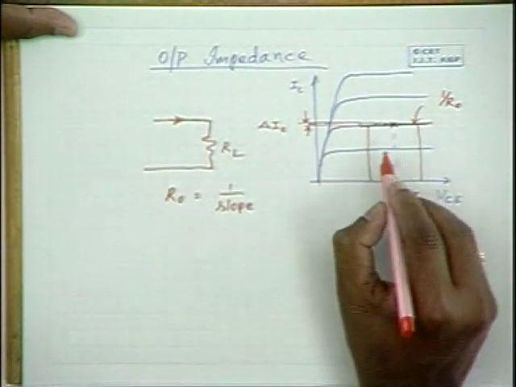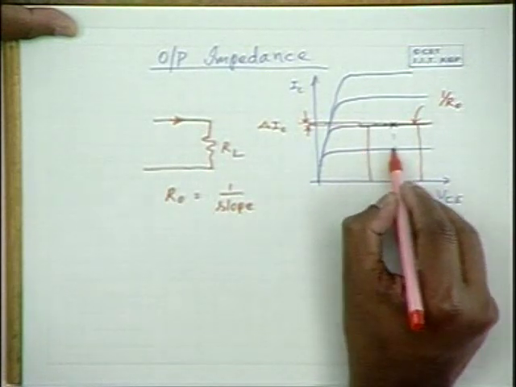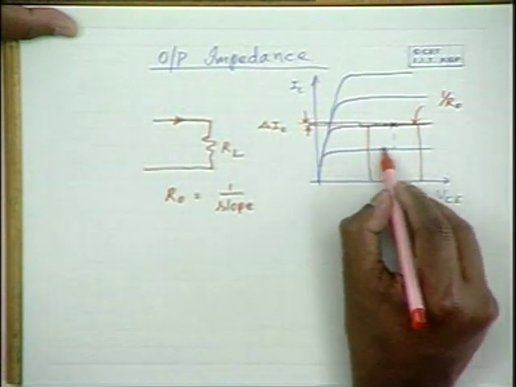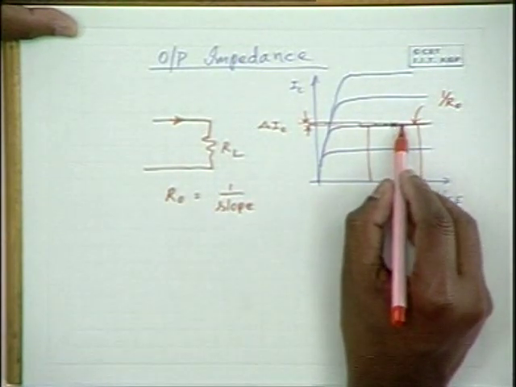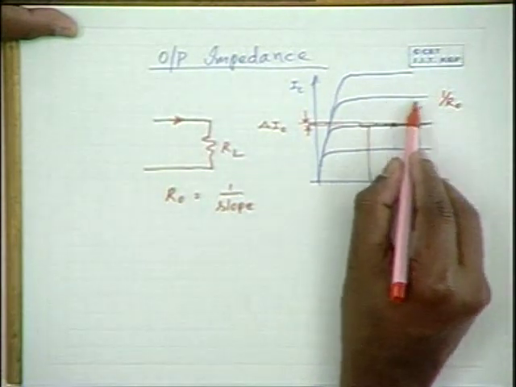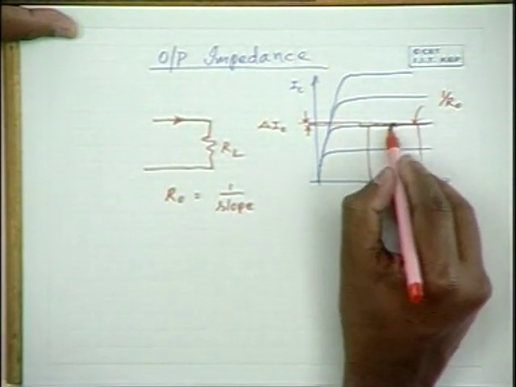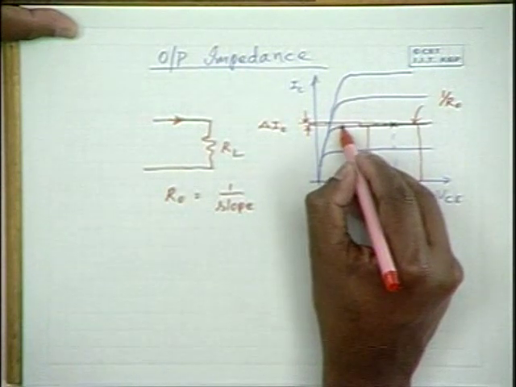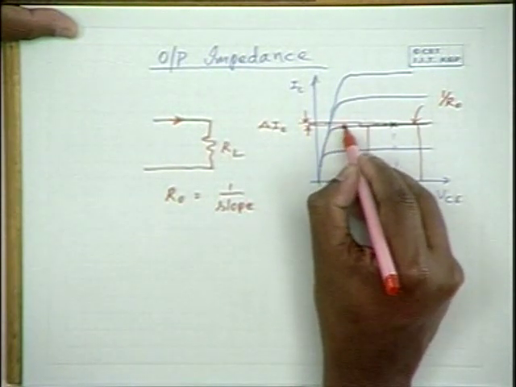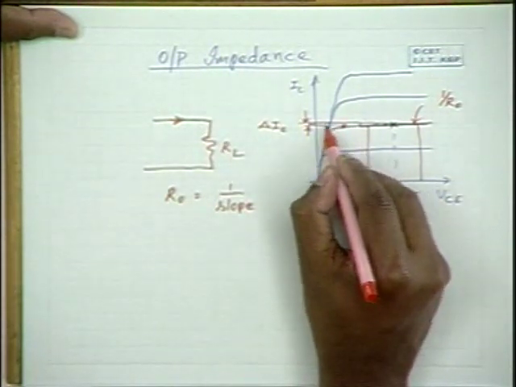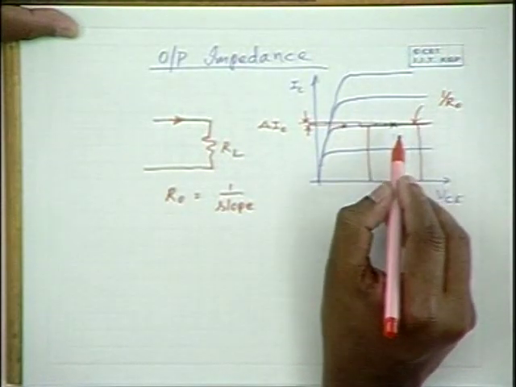And please note that it depends on the operating point to some extent. The slope here may be slightly different from the slope here, and it may be slightly different from this one. And if the operating point is close to the saturation region here, the slope is somewhat larger than this.